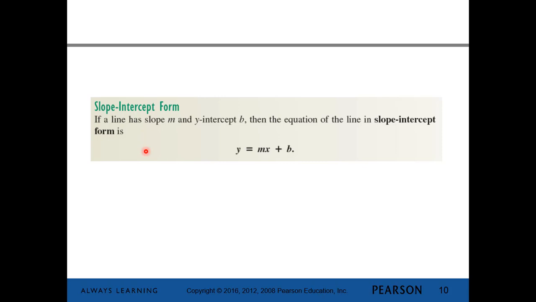As long as you know the slope of the line and the y-intercept, you can give the equation of a line, and you know what the line looks like. If a line has a slope m and a y-intercept b, then the equation of the line in slope-intercept form is y equals mx plus b.